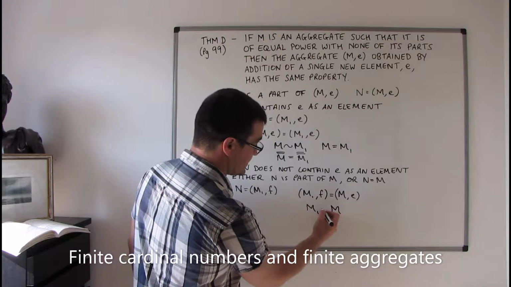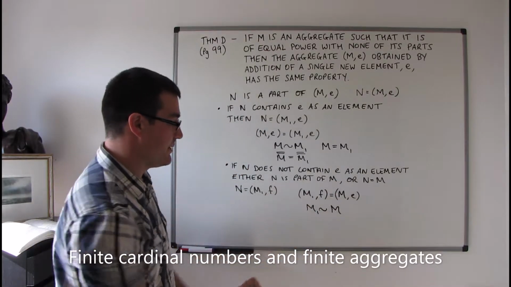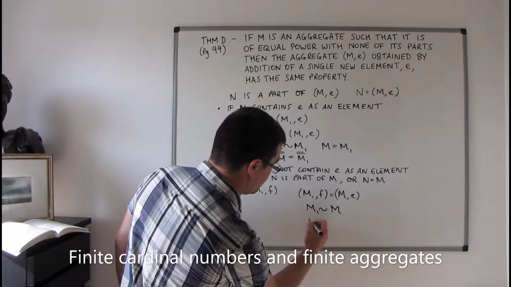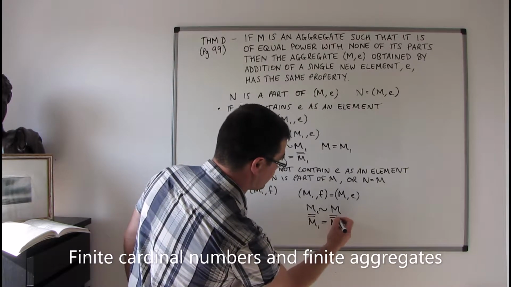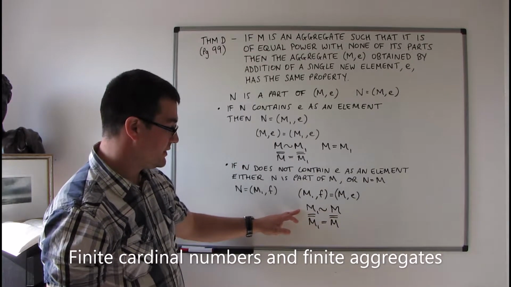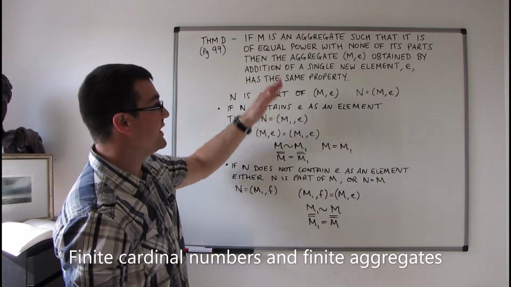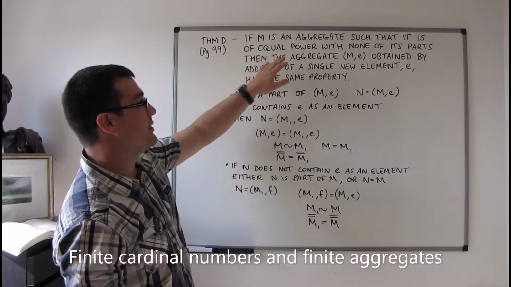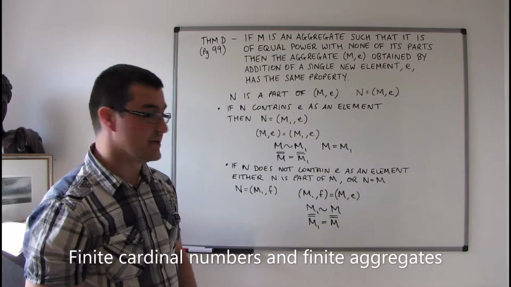So M1 is going to be equivalent to M, again even equal to M, but more importantly we can say that the cardinal number of M1 is equal to the cardinal number of M. But M1 was a part of M. So again, this contradicts the assumption that M is equal in power with none of its parts. This is saying that it is, therefore we've got a contradiction.